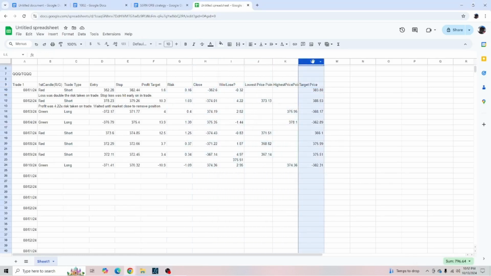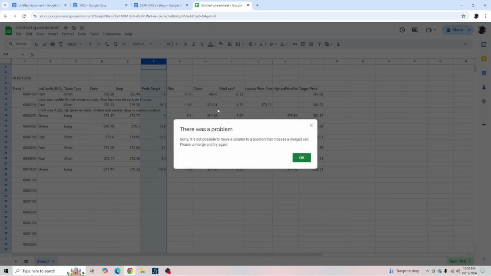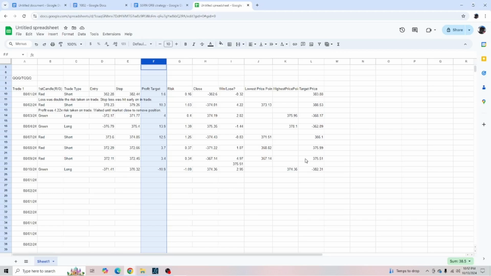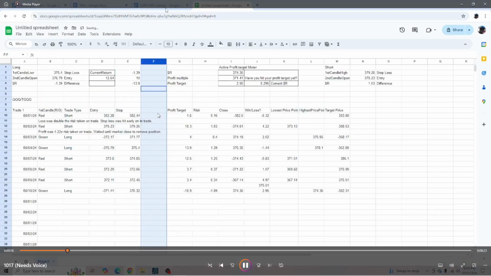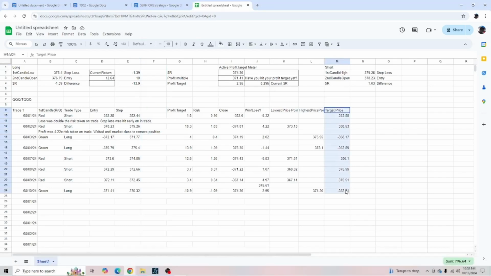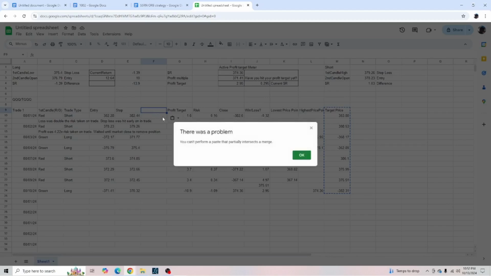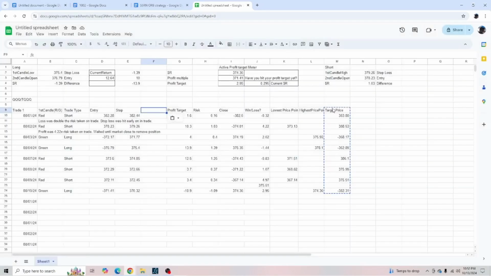One of the things I want to say is that while I am making mistakes in the background, I'm just sitting here reviewing it. But I wanted to talk about this ORB strategy that I have. You can see across the top, if I swing this over near where the dark bar is, it says SSRN ORB strategy, the 1002 Google Doc, and then the untitled doc above it.